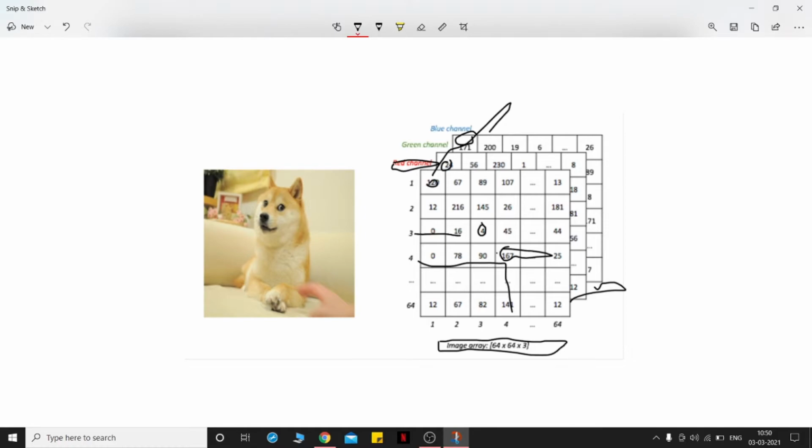And we'll take third row and third column, which has 4 in it. So 167 has a higher brightness, but 4 has a lower brightness. So that's how you characterize an image. This is for the red channel.